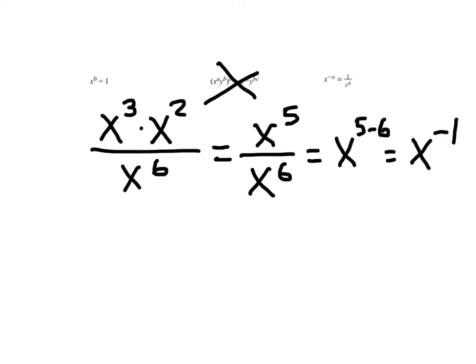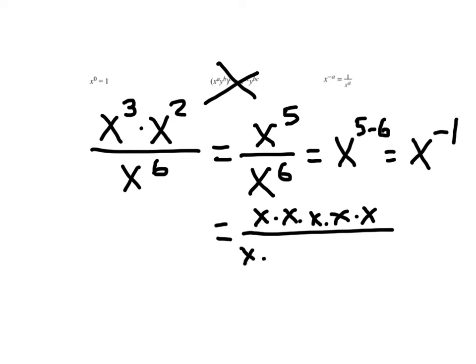Or you could write it like this. If I wrote out all the x's, the numerator was x times itself 5 times. The denominator was x times itself 6 times. And if I canceled out all the common factors of x, there would be 1 left over in the denominator.